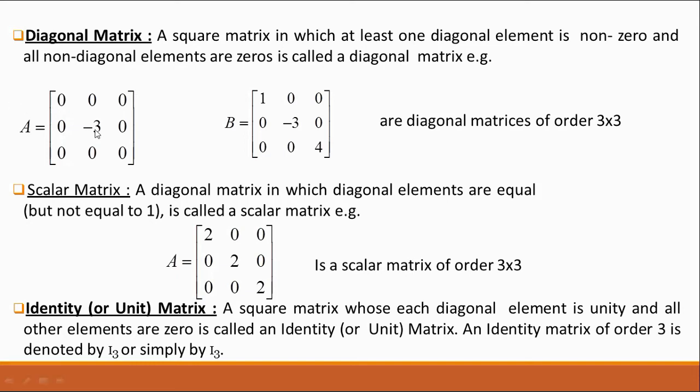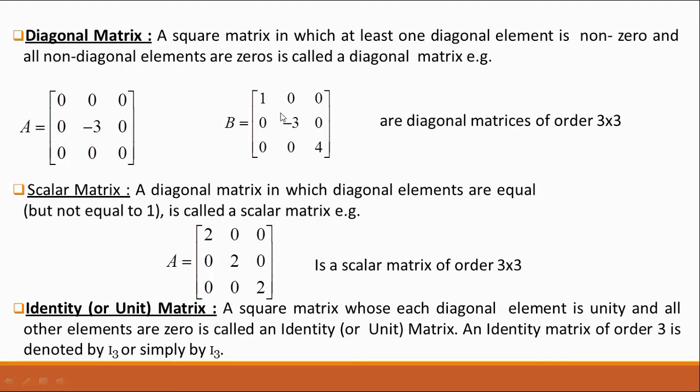Simply, if at least one element is non-zero in the diagonal line, then the matrix will be a diagonal matrix. For example, in this matrix you see -3 is a non-zero element in the diagonal line. So this matrix is called a diagonal matrix.